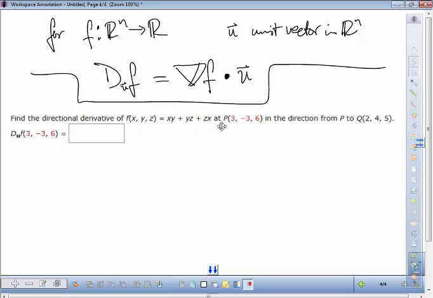We're starting at the point P equal to (3, -3, 6). Now, they don't give you a direction from P. They give you another point that you're going to go towards. So the point that you're moving towards is (2, 4, 5). So somehow along the way here, we have to figure out what u, the unit vector, the direction that you're moving in, is.